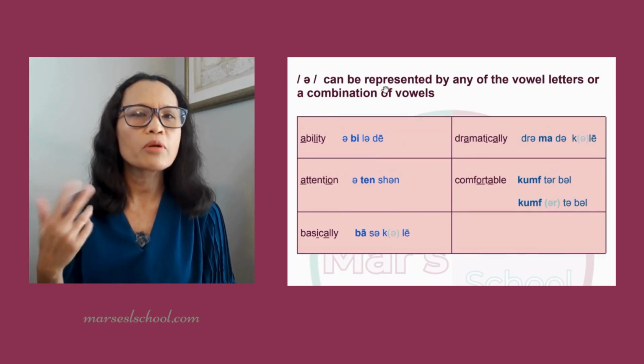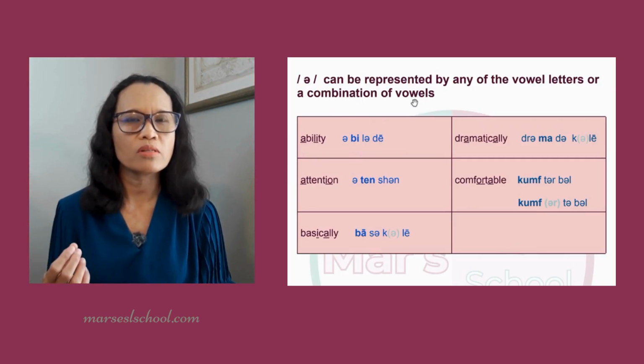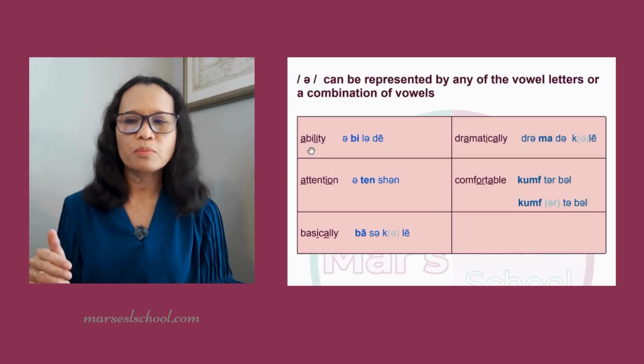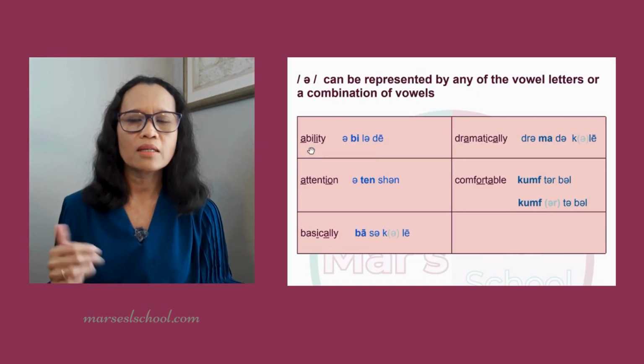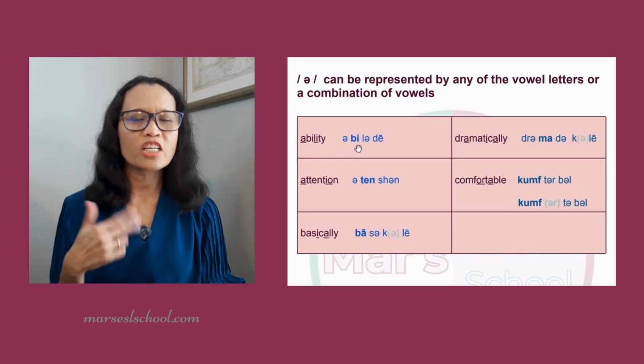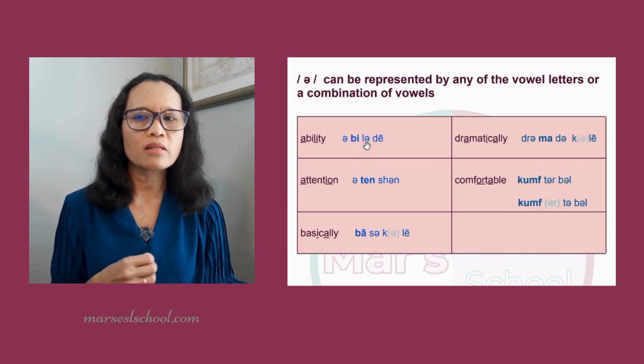The schwa can be represented by any of the vowel letters or a combination of vowels. Let's look at some more examples. Our first example is ability. Here we have 2 syllables with a schwa sound, the first syllable and the third syllable.